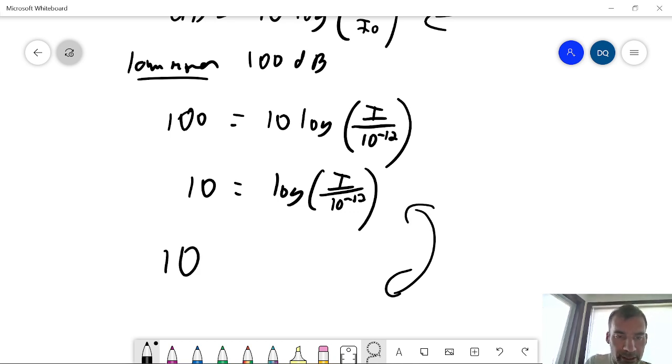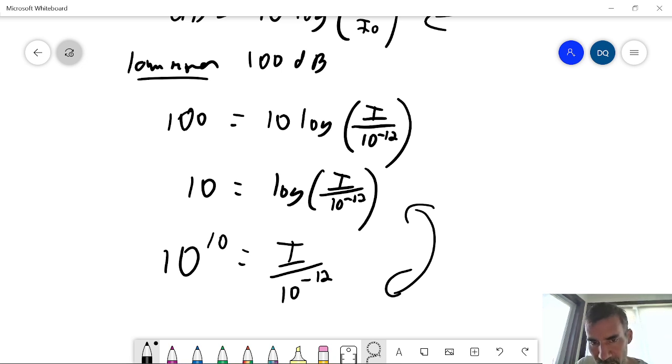So this is a base 10 log, my exponent is a 10, and that gives me my intensity over 10 to the minus 12. Again, you must get seamless at going from log form to exponential form.